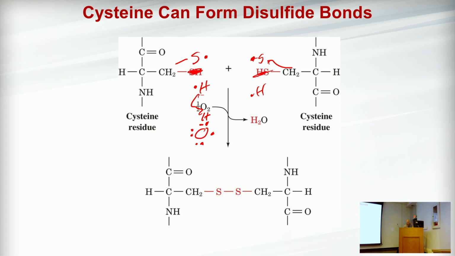So now I can make a water, but then what can happen here? Form a new bond, right? This is a disulfide bond. Oxidation of cysteine, 2 cysteines, and you can get a disulfide bond. All right.